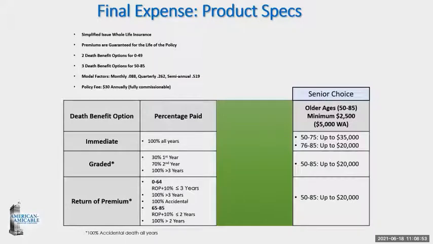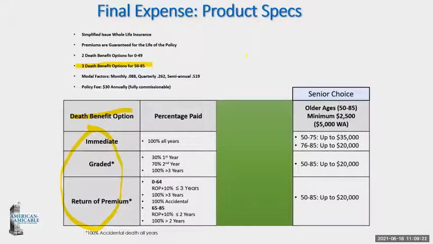There's 2 death benefit options for 0 to 49, but the one that we're concentrating on is the 3 death benefit option. And here they are right here. You'll see they don't have a guarantee issue plan, but they have 3 levels of their final expense product.